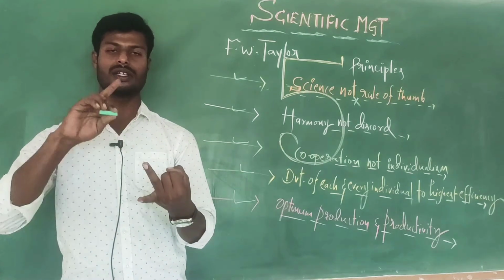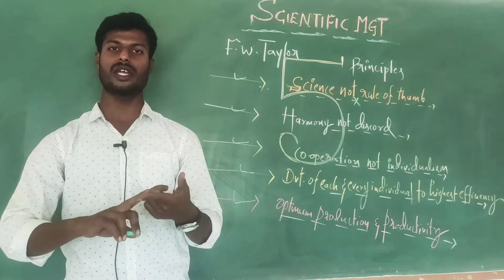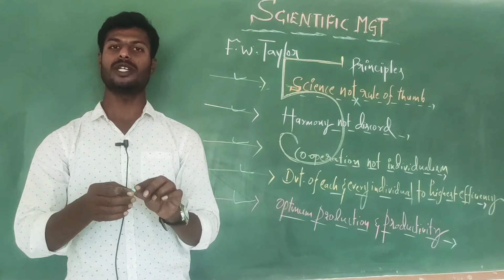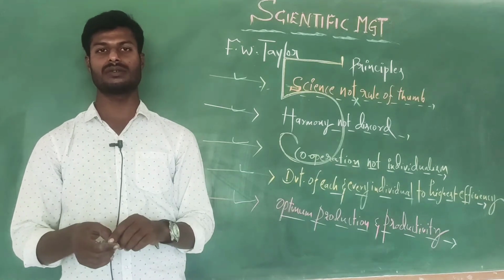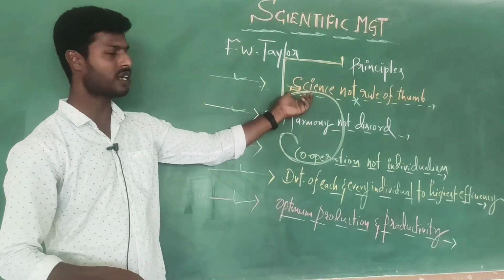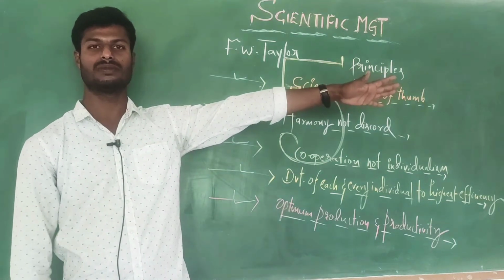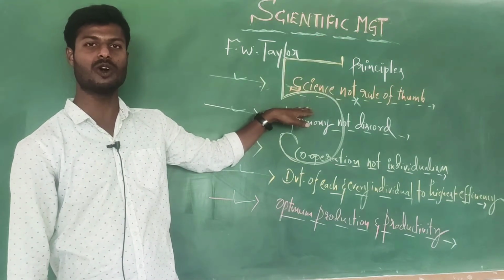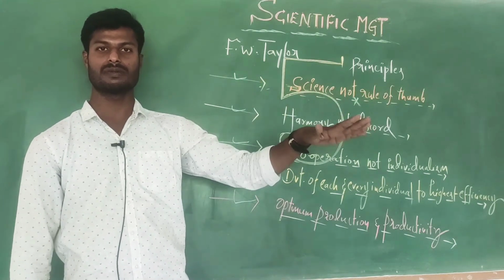Scientific selection of employees, recruitment, placements and proper allocation of jobs, proper remuneration, and implementation of sophisticated technology and quality resources, that is science. Science, not rule of thumb, in the day-to-day activities, in regular processes and functions.